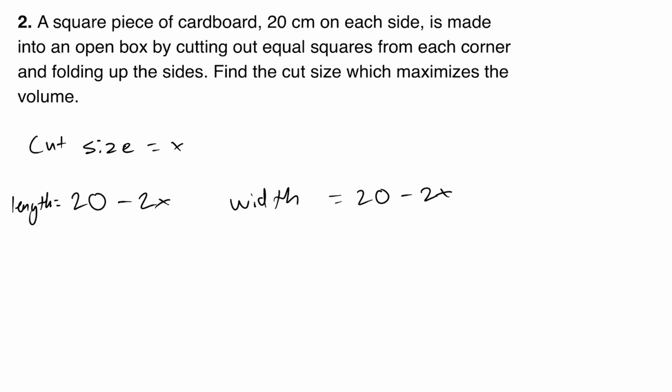And then our height is simply going to be h, or we can say our height is x. Our height is going to be equal to x. So from here, what is our volume? So our volume is going to be equal to x times 20 minus 2x all squared.